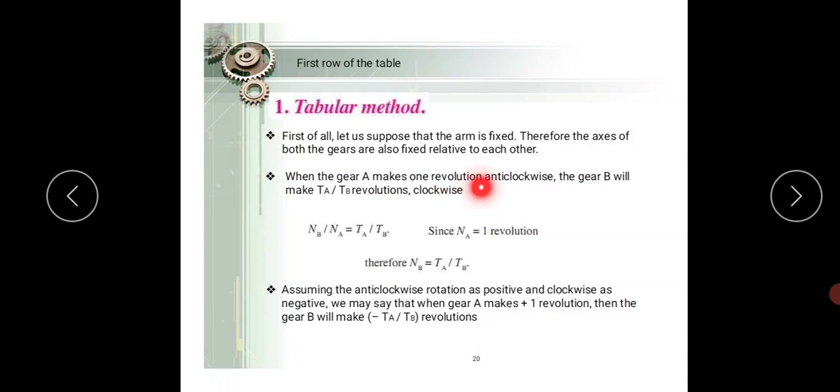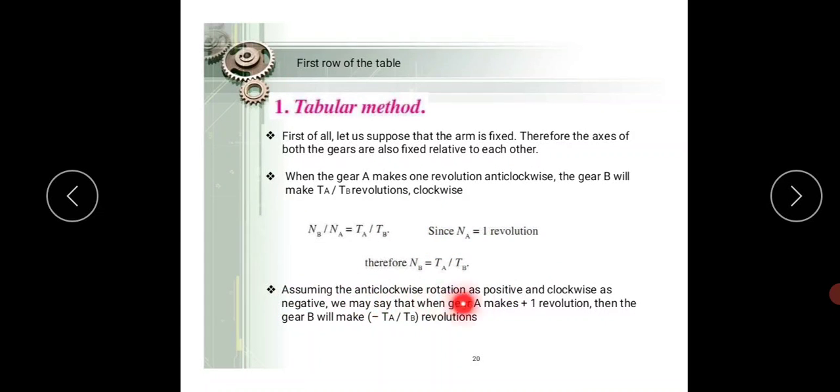When gear A makes 1 revolution in the anti-clockwise direction, gear B will make TA divided by TB revolutions in the clockwise direction. The ratio between the speed of gear B and the speed of gear A equals the ratio of the number of teeth on gear A to the number of teeth on gear B. Since gear A makes 1 revolution, NB equals TA divided by TB.